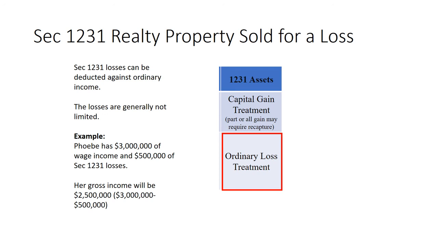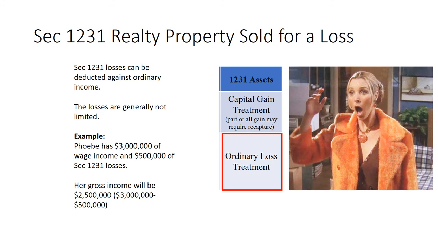So her gross income is going to be $2,500,000, the $3 million minus your $500,000, because you can deduct that ordinary loss against ordinary income. So great. If her losses of $500,000 had been treated as capital losses, she could only do $3,000 a year, because she would not be able to deduct them against ordinary income. However, again, Section 1231 assets, you get ordinary loss treatment.